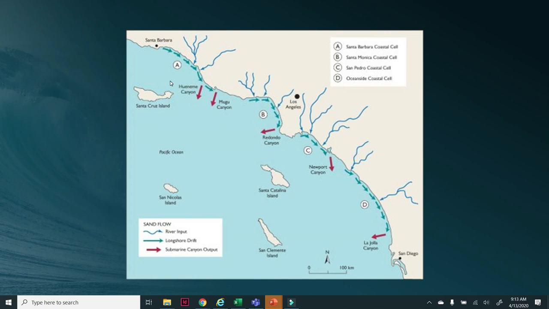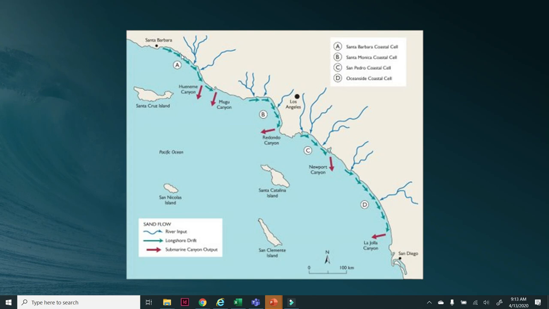And what happens is we have a longshore current that's moving from north to south here. So we have the input of sediment from rivers, okay? We have longshore drift that carries these sediments along the shore until they reach these offshore canyons. These are canyons that we see on the continental slope. We talked about them way back at the beginning of this class, right?